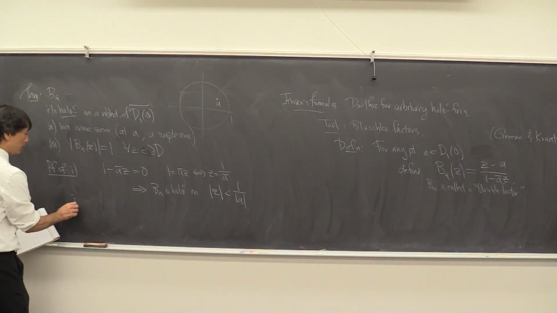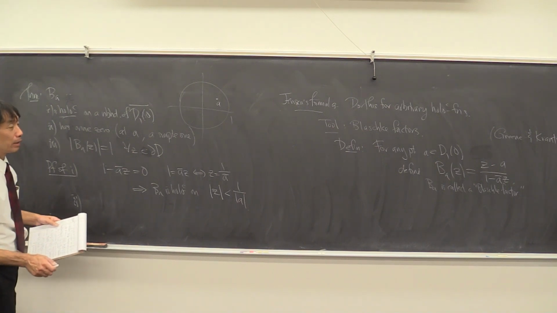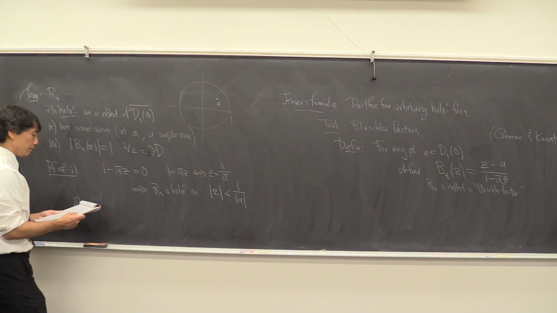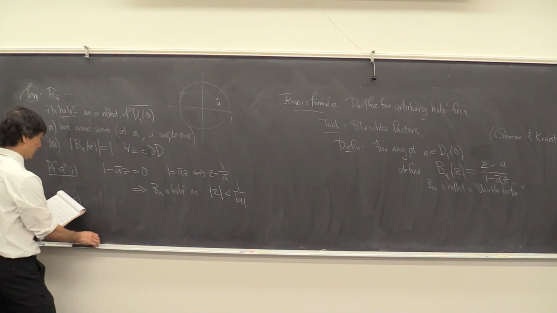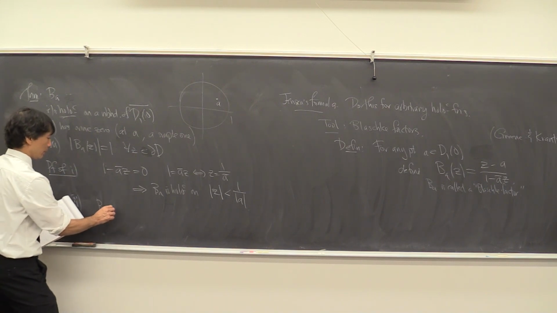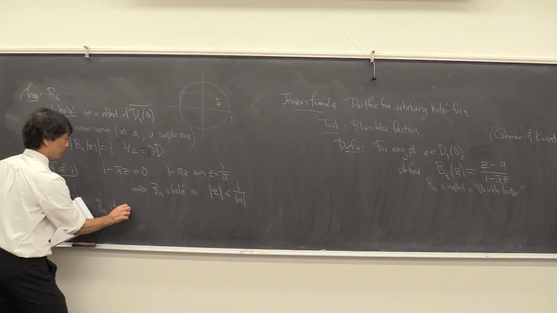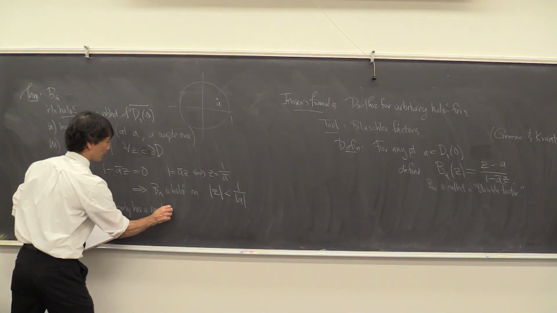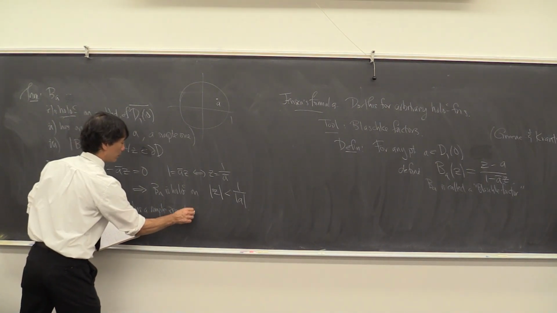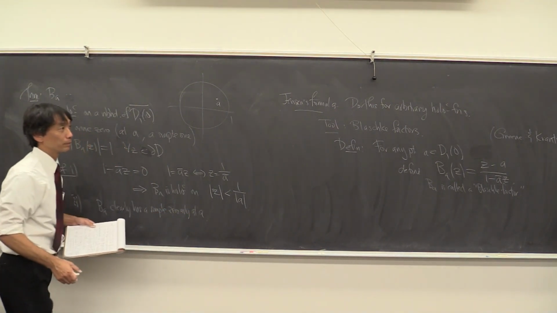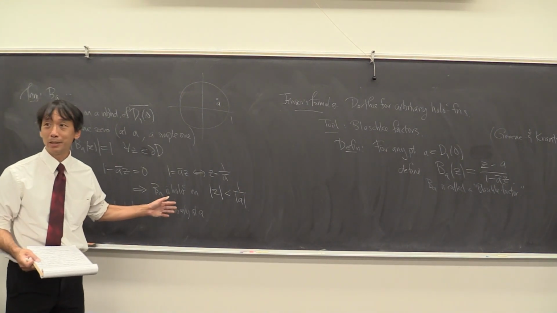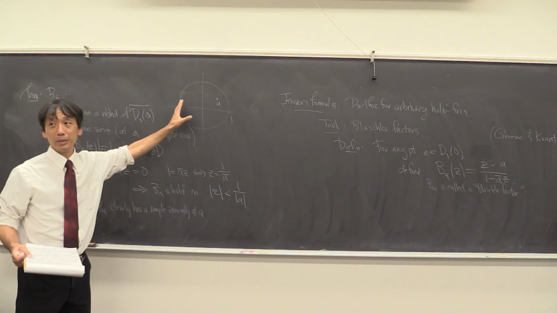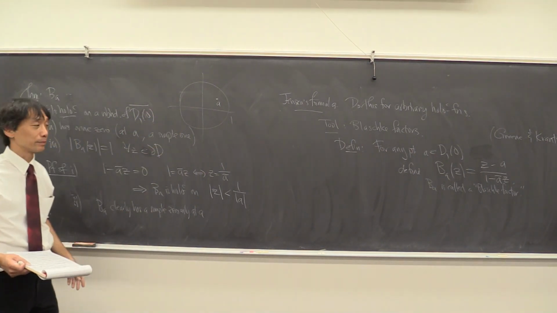Okay. Number 2 is kind of obvious. Clearly this thing has a simple 0 only at A, because it's z minus a times some holomorphic function that doesn't vanish in that neighborhood.